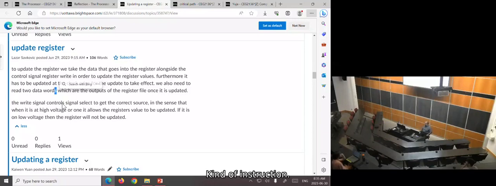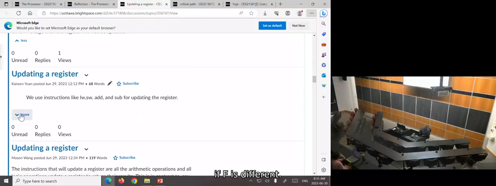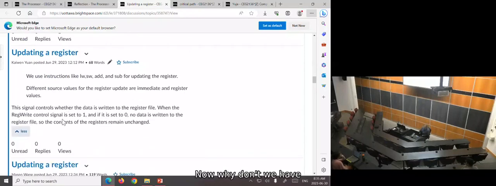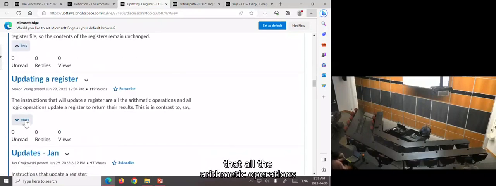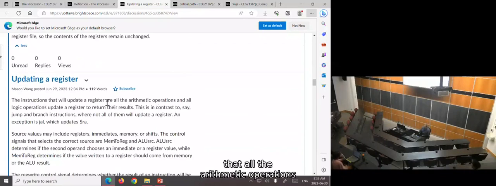A kind of instruction, and another kind of instruction which updates the register. Any idea? Load, yeah.